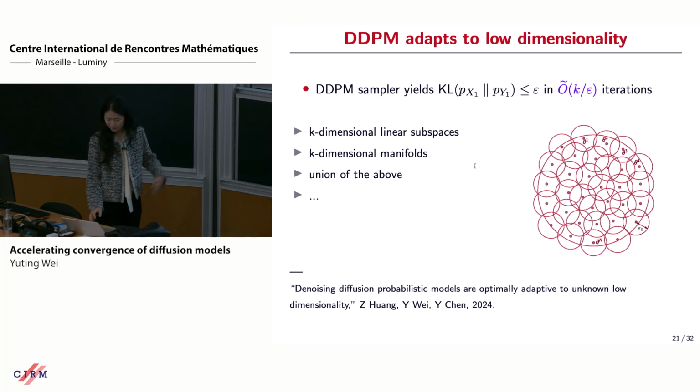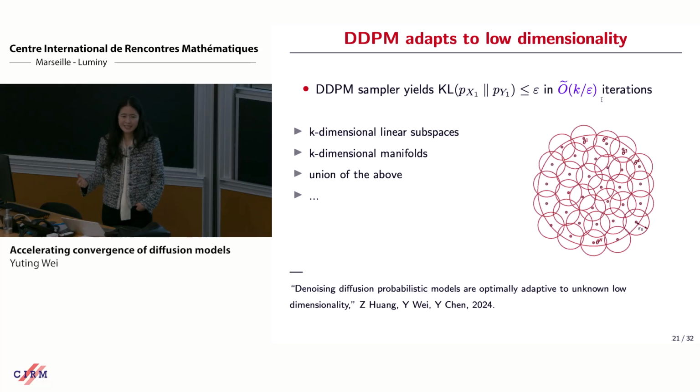Basically, in our two separate works, we discussed the adaptivity phenomenon for DDPM, where we show that DDPM, the stochastic sampler, only yields k over epsilon number of iterations for distribution that's supported on k-dimensional manifolds or k-dimensional linear space and things like that.